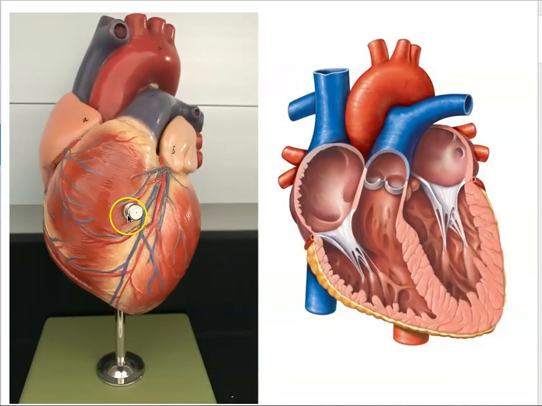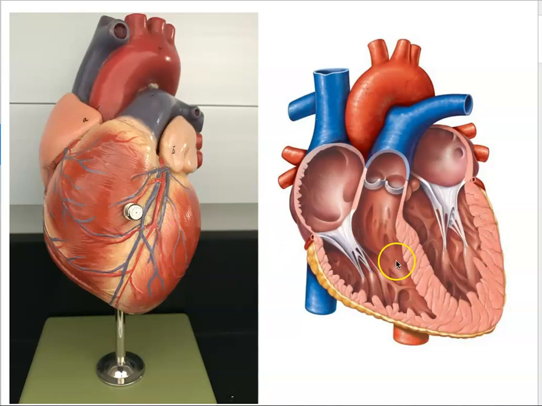Now I just wanted to show you, we've already gone through the internal structures of the heart and the four chambers, but once we take off this part of our heart model, and unfortunately I don't have a picture of it, here's the anterior interventricular sulcus.